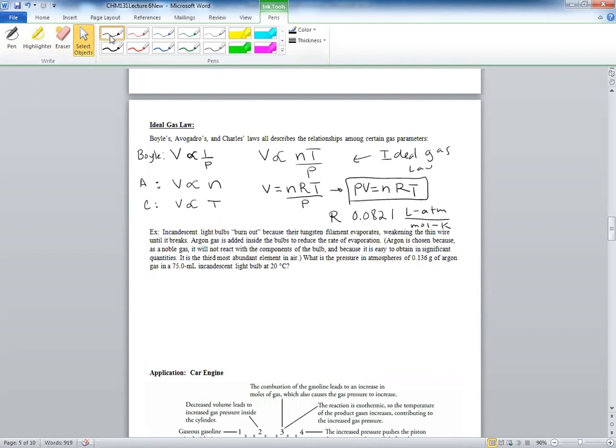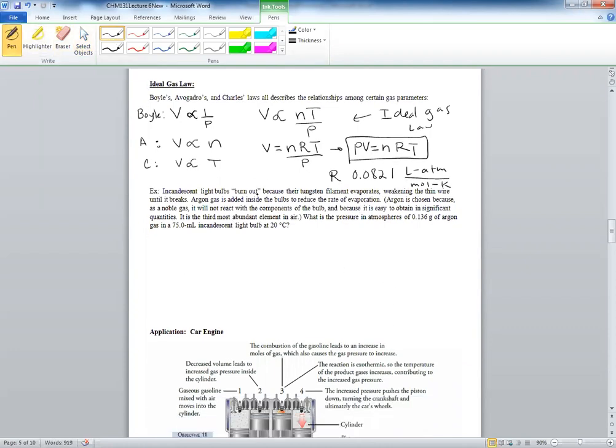So let's talk about this question right here. Incandescent light bulbs, those are the old light bulbs. They're still in existence, but the ones that we have right now mostly are LED ones. They're better on energy. Their tungsten filament evaporates, weakening the thin wire until it breaks.